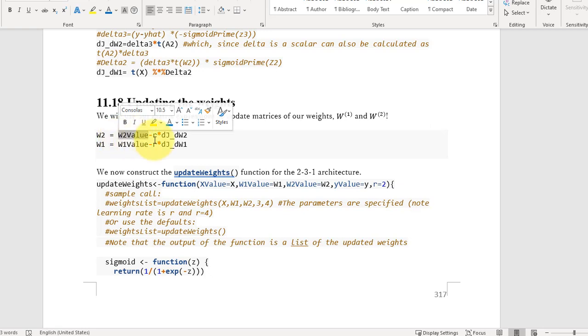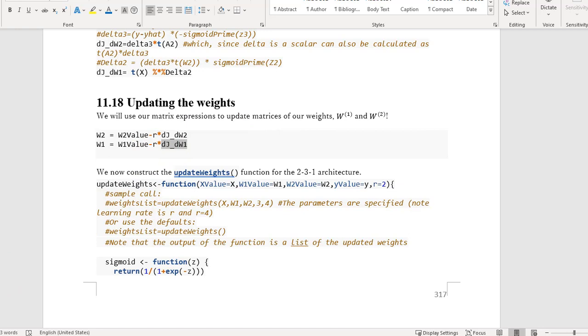And then we're subtracting this from it. This is also of the same dimensions as this, hopefully. And then this one is a 2 by 3. And hopefully this is of the same dimensions, and we're subtracting that. We're actually subtracting multiples of those.